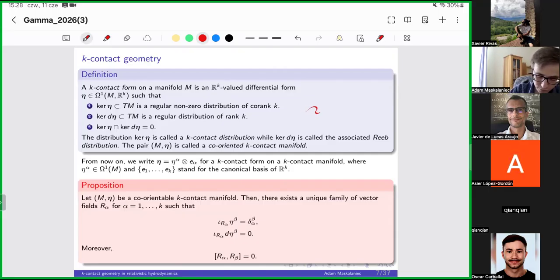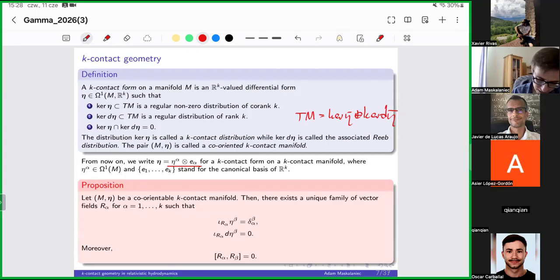So in other words, TM is just the kernel of eta plus the kernel of d eta. Okay. So from now on, I will write this R^K-valued differential form using this tensor product convention and this Einstein summation over upper and lower indices.